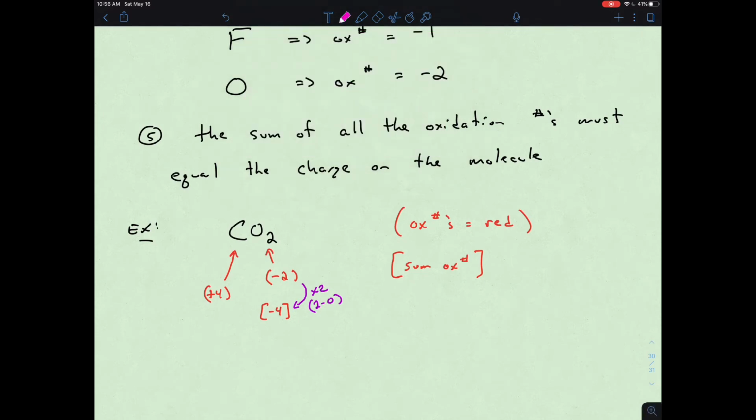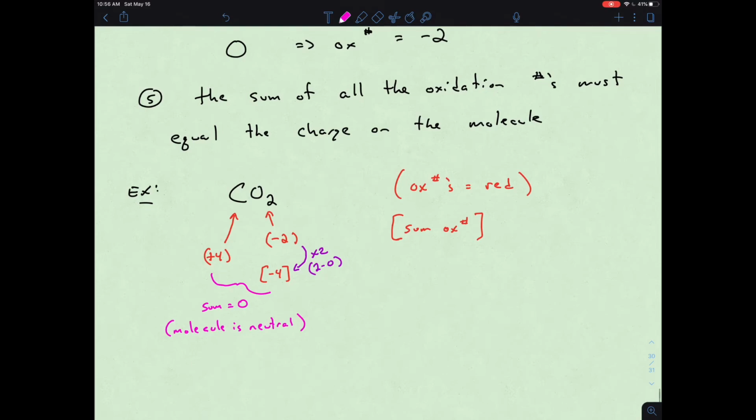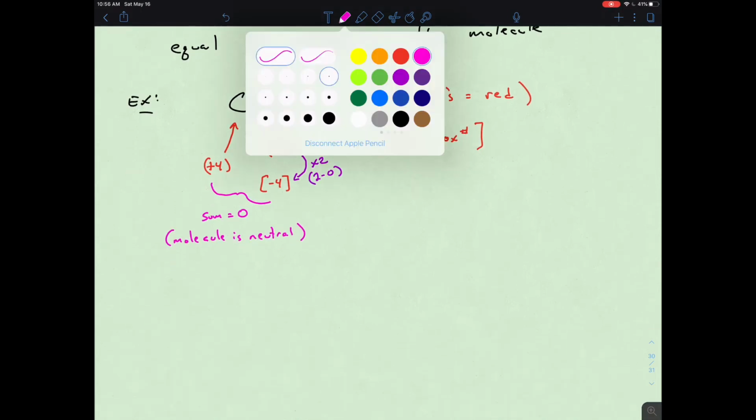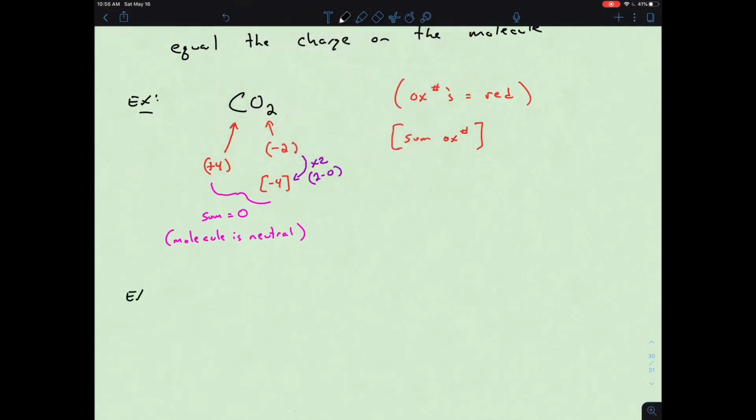Notice here that the sum of these is equal to 0, and our molecule is neutral. So that works out just fine. That's how we assign these different values for our oxidation numbers in molecules. Let's do a few more here.